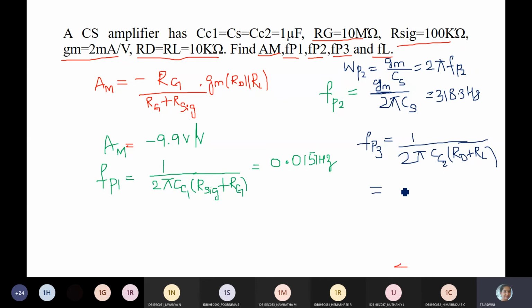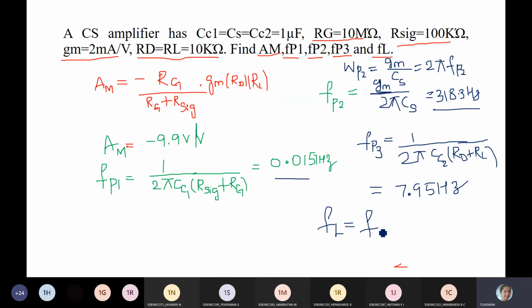Let me check. 95 hertz. Okay. Then left out is FL. Which is having the highest breakover frequency? FP2. So 0.015, 7.95 hertz, 318.3.